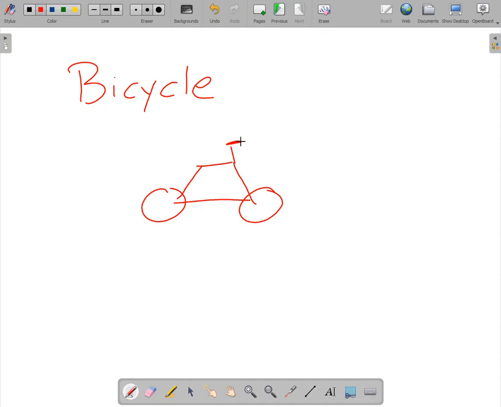There's handlebars, and then there's a seat here, and there's pedals, and then there's this ring there, and from the ring to the back, there's this chain, right? And then as I pedal around that way, the bike shoots across that way. And so in my bicycle, there are some important gear ratios.